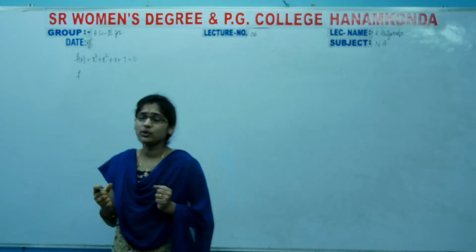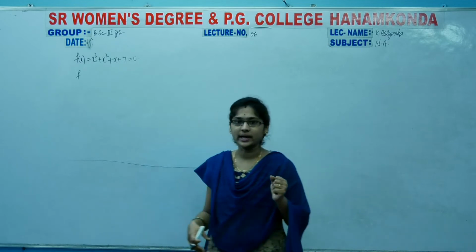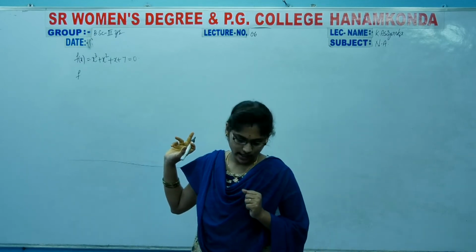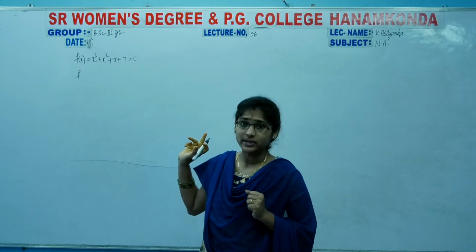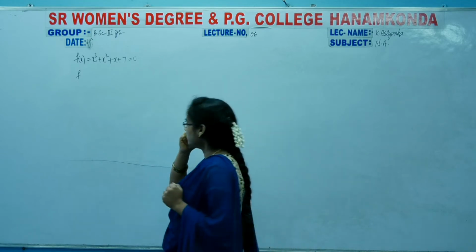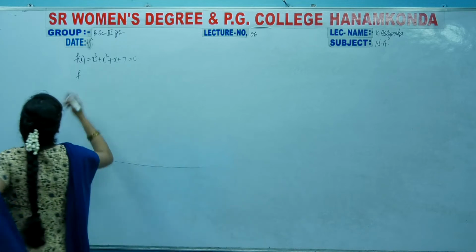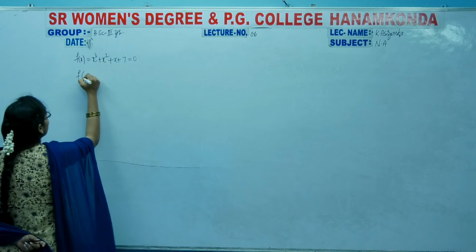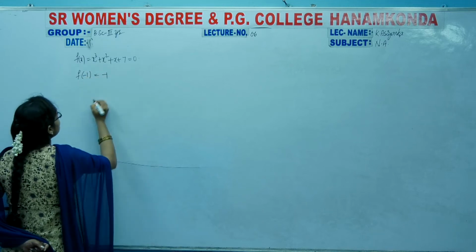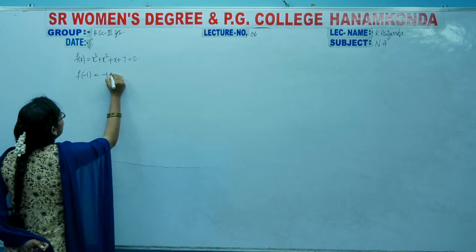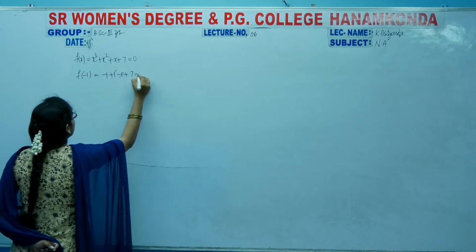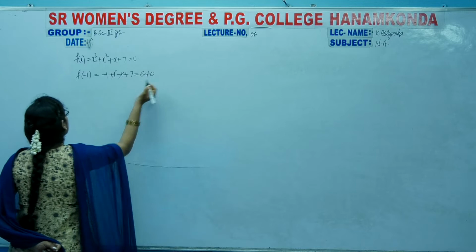Generally I don't know where we will get the 0, right? So that's why I am checking the question once again: x cube plus x square plus x plus 7 equal to 0. Now here simply I am taking the procedure directly. So f of minus 1 is minus 1 plus 1 minus 1 plus 7, which is nothing but 6, which is not equal to 0.